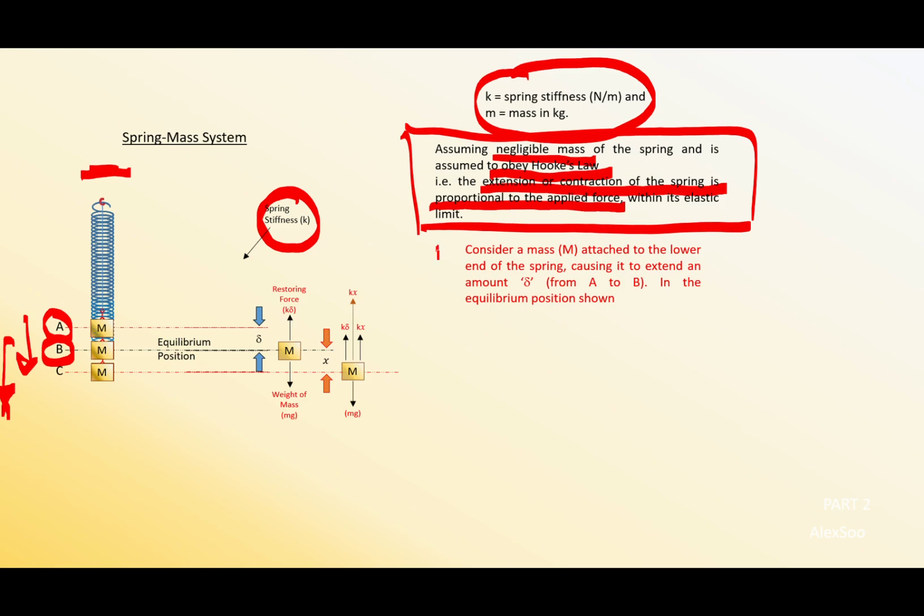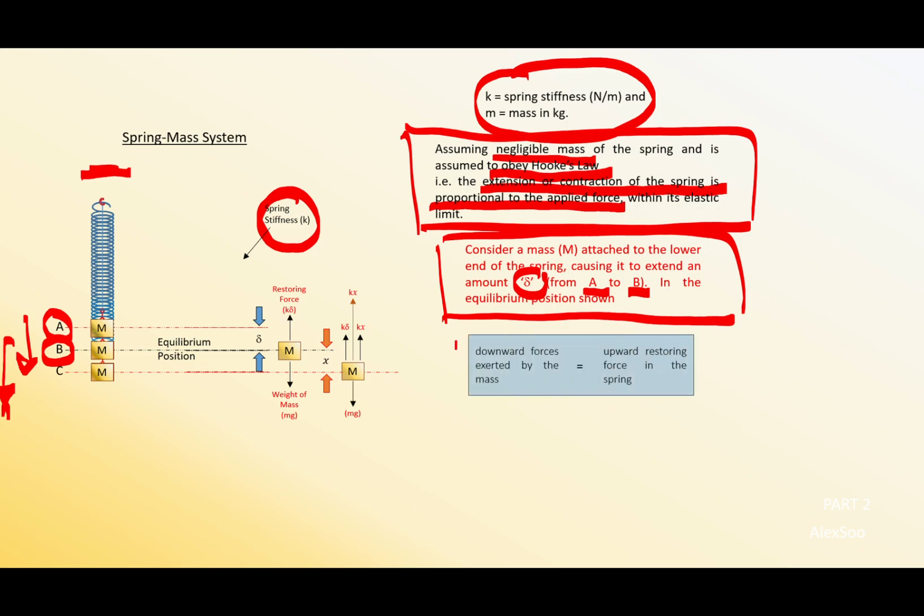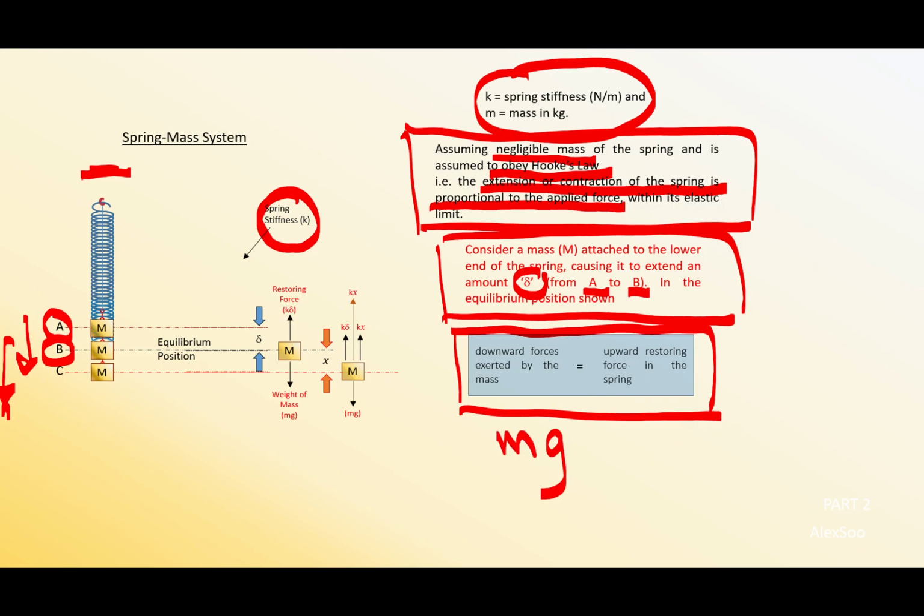Now consider a mass M attached to the lower end of the spring, causing it to extend by an amount delta when the mass moves from position A to position B, its equilibrium position, as shown. At the equilibrium position, the total downward force, due to the mass, is the weight mg, and the total upward force is k times delta.